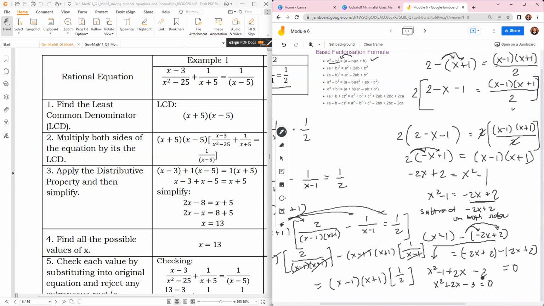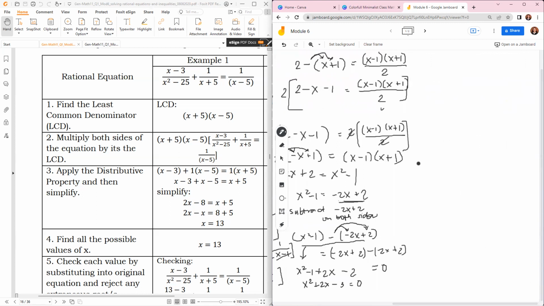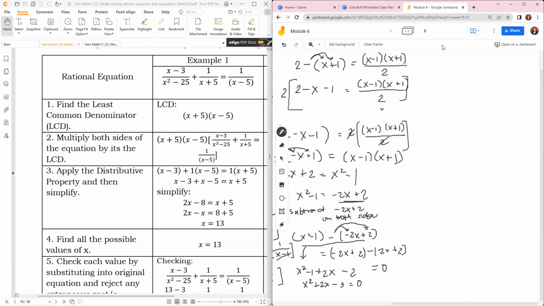So, we end up with this quadratic expression. The x squared plus 2x, we can still factor this out. x squared plus 2x minus 3 is equal to 0.